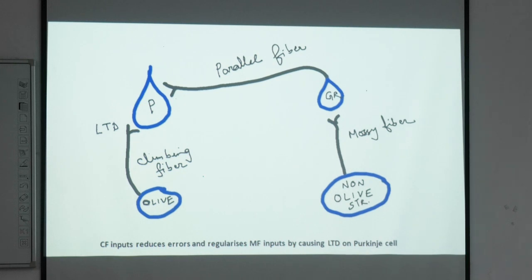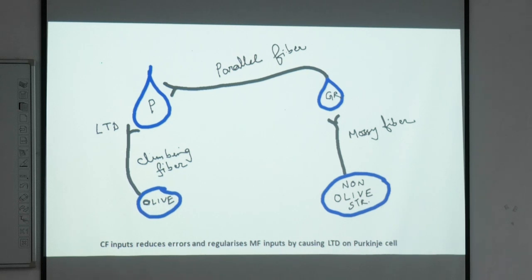So this example is for learning anything, say for example swimming or riding a bicycle. So this is happening during that period. Okay. So long-term depression is the mechanism of learning in the cerebellum, like driving a car or learning swimming. So what is happening?